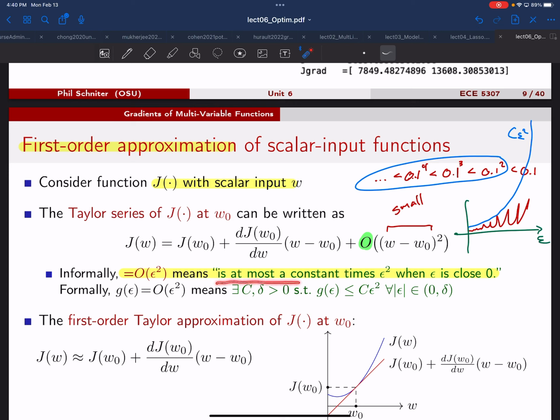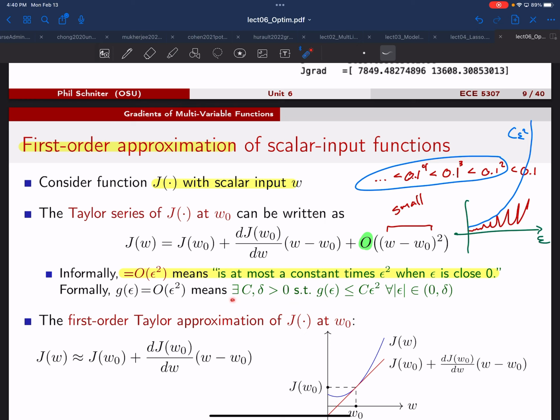The function is at most a constant times epsilon squared as epsilon goes to 0. There's a formal definition if you're used to taking analysis classes in the math department and want to write this in a very official way.